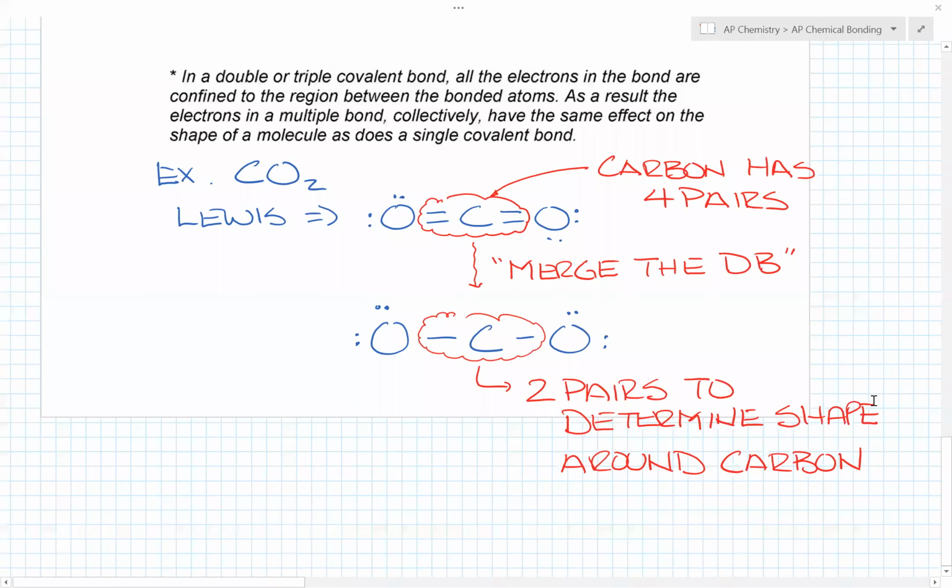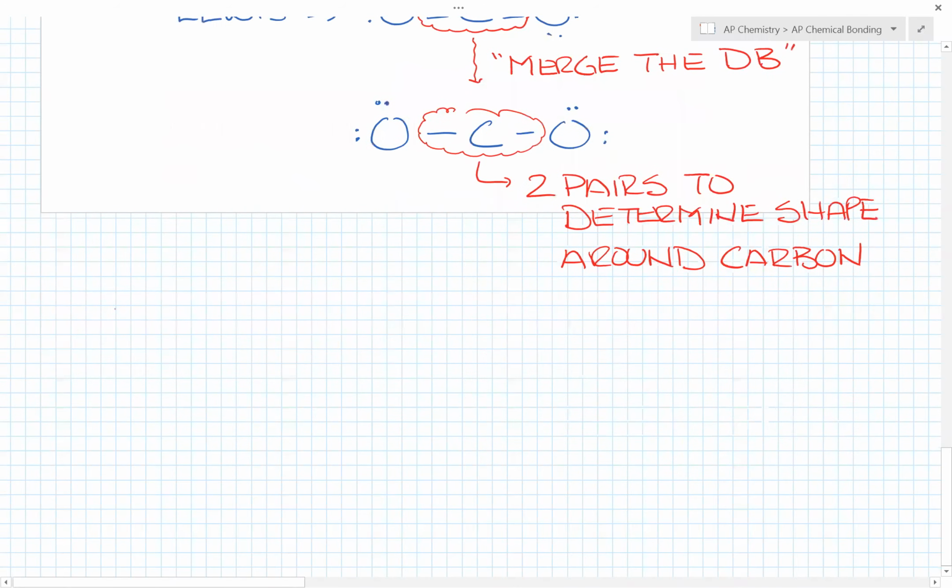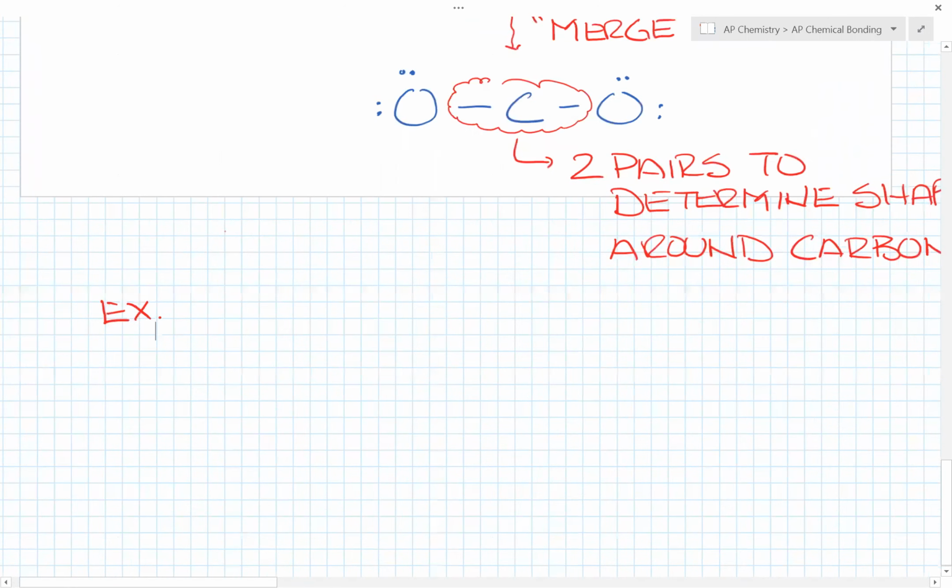Let's say we did NO3, I believe, -1. When you drew the Lewis dot structure, it looks something like this.